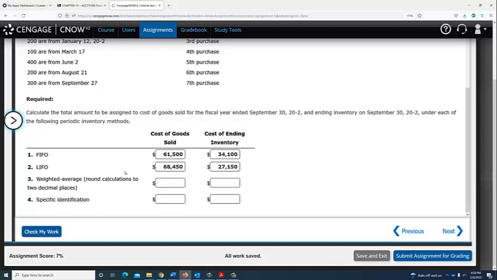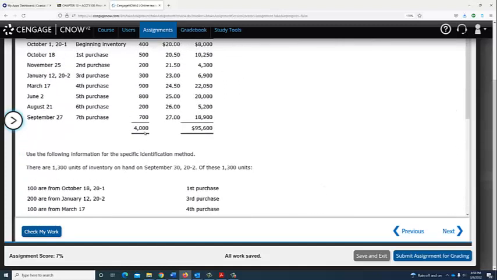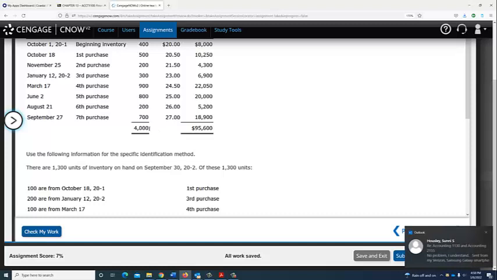Okay, weighted average. Remember, first step in weighted average is to come up with an average price per unit. And you do that by taking the 95,600 and dividing it by 4,000 units. So total cost divided by total units.